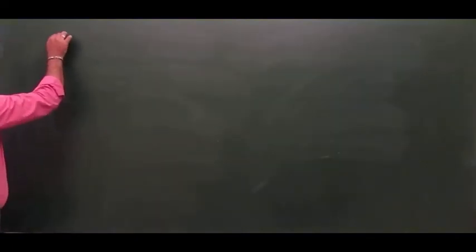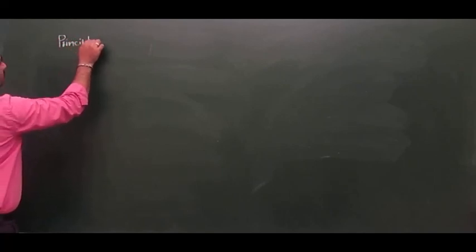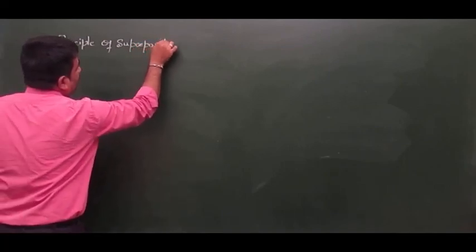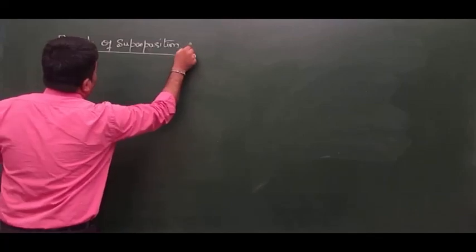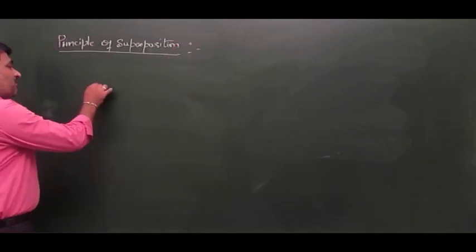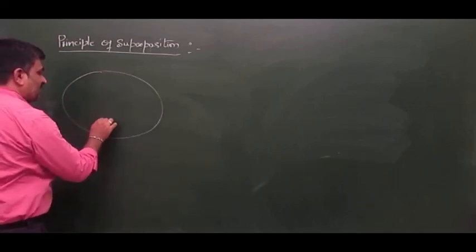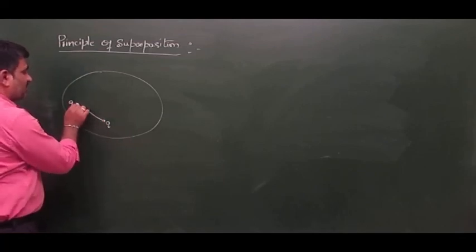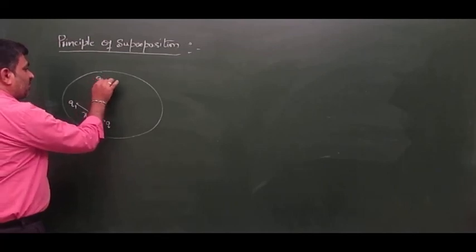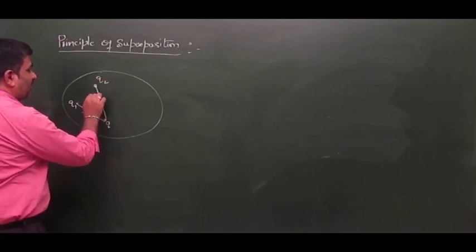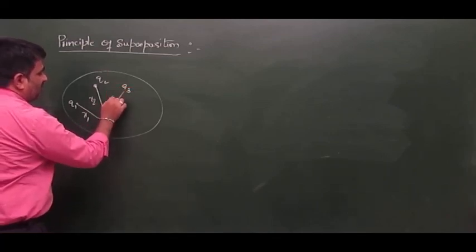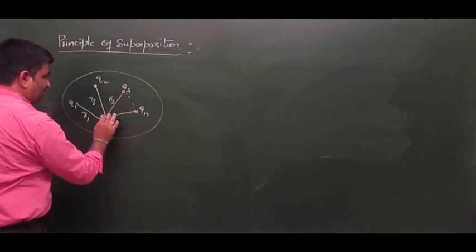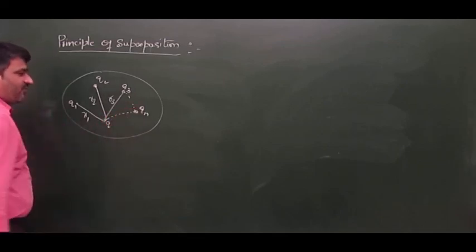Principle of superposition. Let's consider a system which encloses a number of charges: one charge Q, another charge Q1 with position vector from Q as R1, another charge Q2 with position vector from Q as R2, and another charge Q3, and so on up to charge Qn, n number of charges.